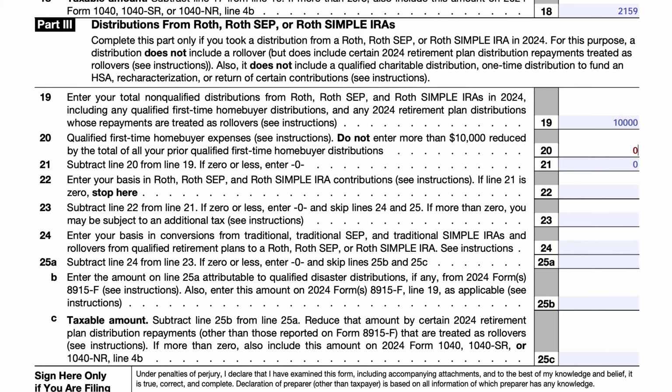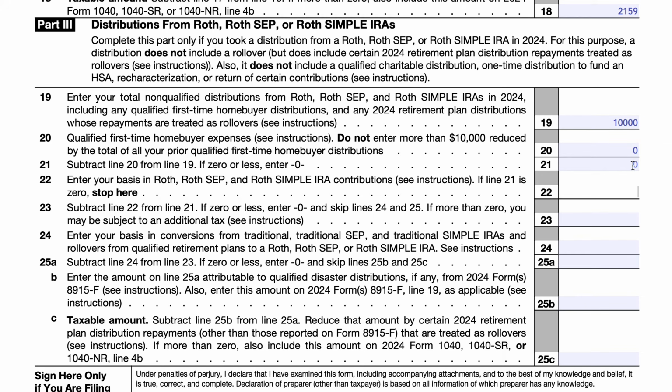Let's just say that you didn't, and all of this was an actual non-qualified distribution, and there's no early withdrawal exception or anything like that. So if this were zero, then you would enter your basis, and then that's it.